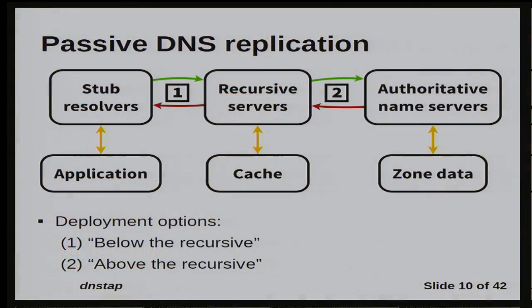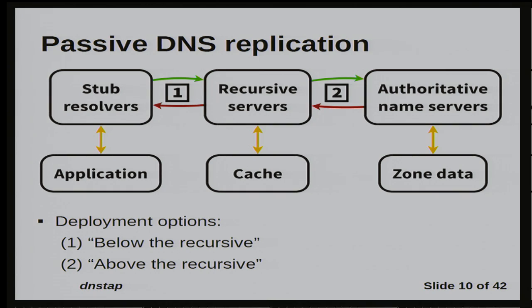I divide passive DNS replication into two different deployment options, which I don't have time to go into in detail: one which is below the recursive, marked by the arrow by number 1, and then the above the recursive.